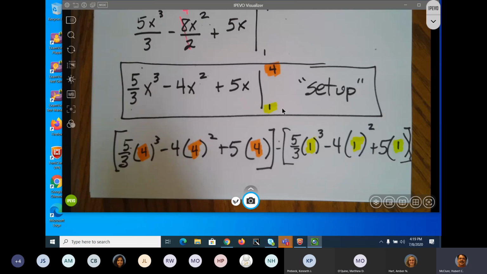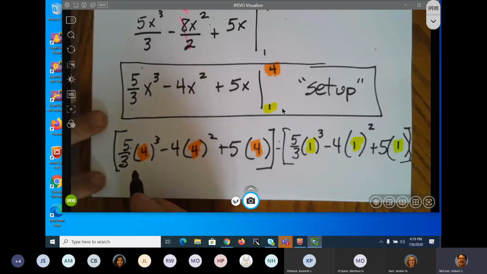All right, so 4 to the third power, I think that is 64, is it not? I always get 4 to the third power mixed up. 4 times 4 is 16. 16 times 4, I think, is 64. Y'all check me.